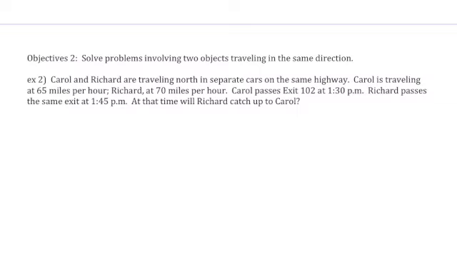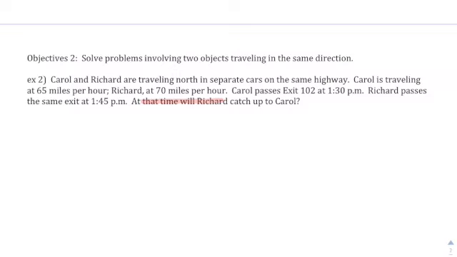So in this case, if you're going to catch up to someone, first of all, they have to be traveling the same distance. And then because of that, we need to figure out how much time is necessary to do that. So right here is going to be the t, okay? And then we need to figure out how long it takes Carol to travel the same distance.